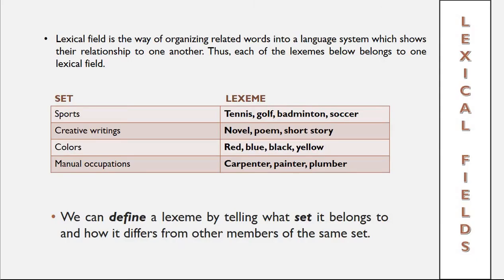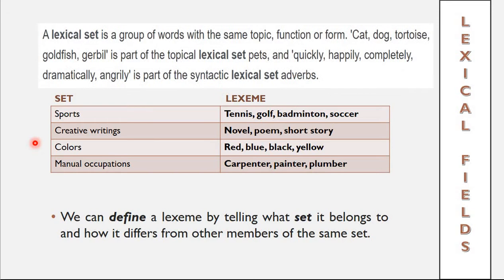So a lexical field is the way of organizing related words into a language system which shows their relationship to one another, and thus each of the lexemes below belongs to one lexical field. So lexical set and lexeme, we will analyze them, but first I would like to show you the definition of lexical set.